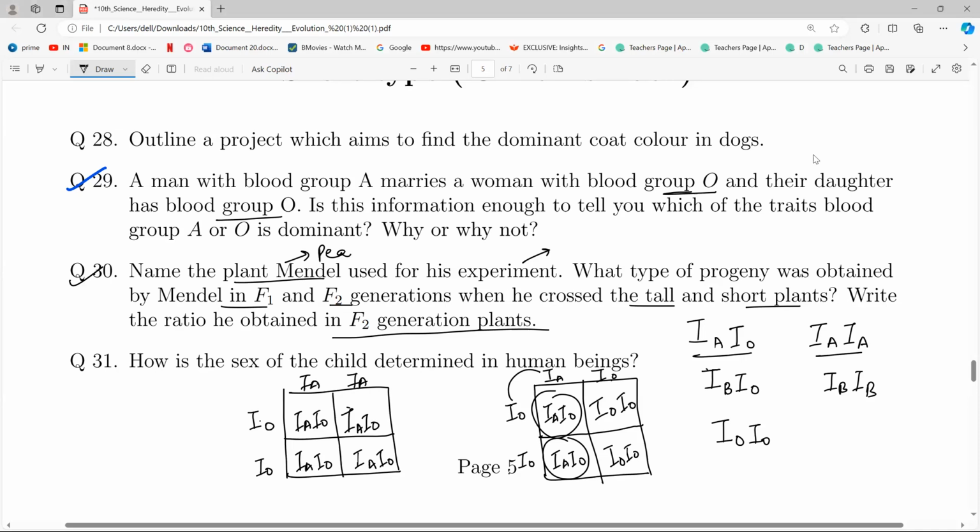And what type of progeny was obtained by Mendel in the F1 and F2 generations? In the F1 generation, he got all tall plants, and in the F2 generation, for every four plants, three were tall and one was dwarf. The ratio in the F2 generation is 3:1.